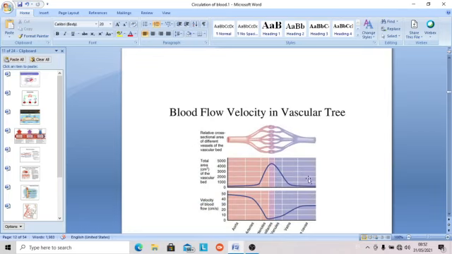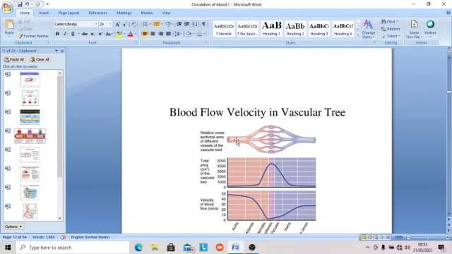The important thing here is, if you see the vascular tree, the cross-section area in centimeter square of the vascular bed. In capillaries you get a huge amount of area. This is the cross-section area of the different vessels of the vascular bed.